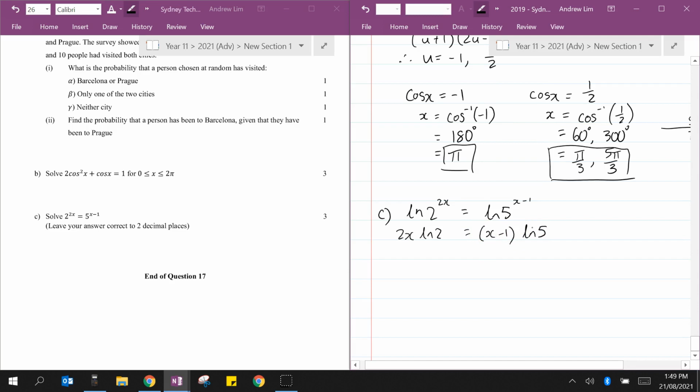I might divide both sides by ln of 2. Let me see. Actually, you know what, let's see.